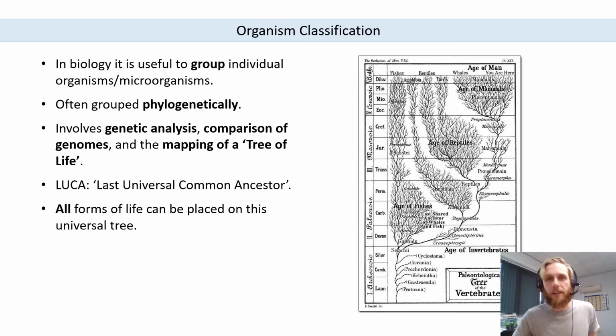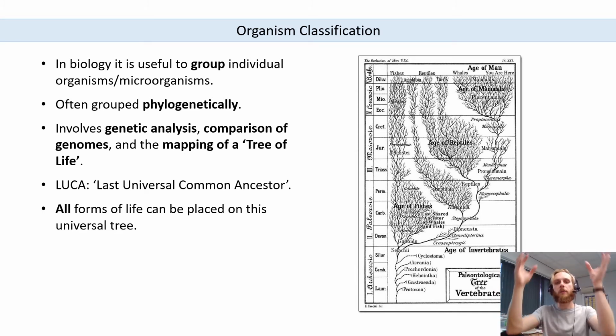The fact that there is a LUCA, the fact that all organisms on Earth are descended from this single microorganism, means that if we map all organisms based upon genetic similarity, we will have this big tree of life, and at the base of that tree we will have LUCA.